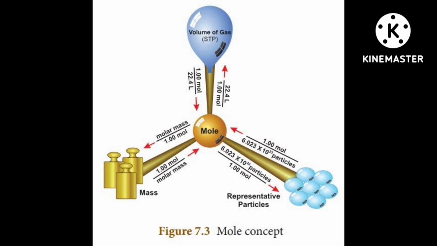And here mole means anything: suppose Avogadro number of anything, maybe pen, pencil, coin, book, maybe atoms, molecules, ions, any particles. Anything in this number, the Avogadro number, is called 1 mole. This is very important.